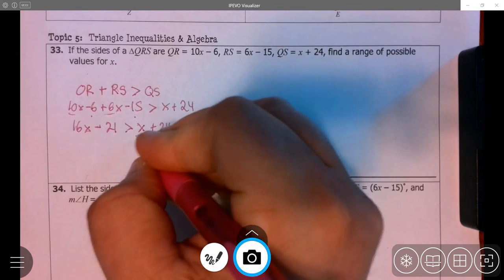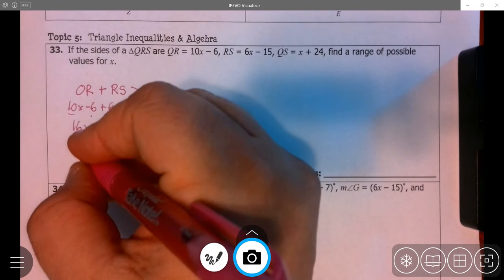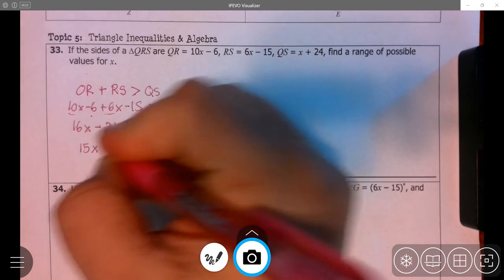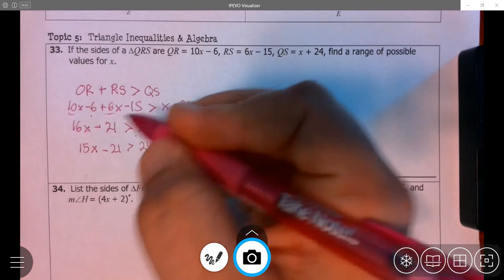I'm going to subtract x to get rid of the variable on this side and move it to the left side, and get 15x minus 21 is greater than 24.